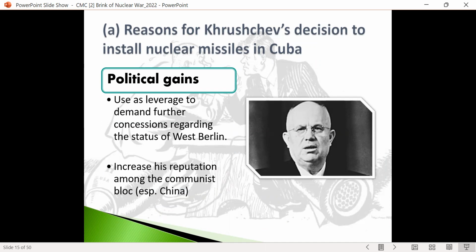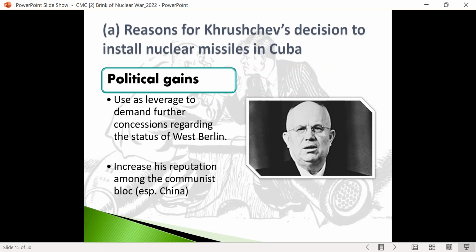He wanted to use it as leverage to demand further concessions regarding the status of West Berlin. Up to now, this is still not settled. Remember the entire Berlin, the 4 zones, are split into 2 different zones, East Berlin and West Berlin. The Soviet Union still has control over East Berlin, and the Allied powers over West Berlin.